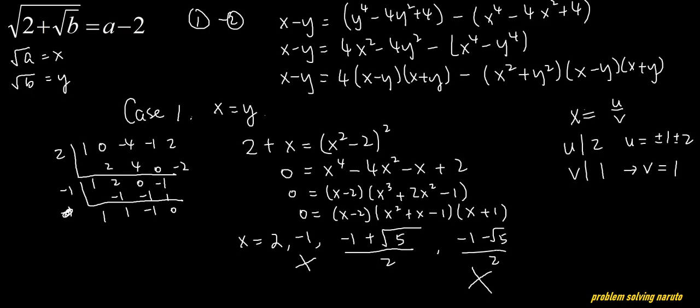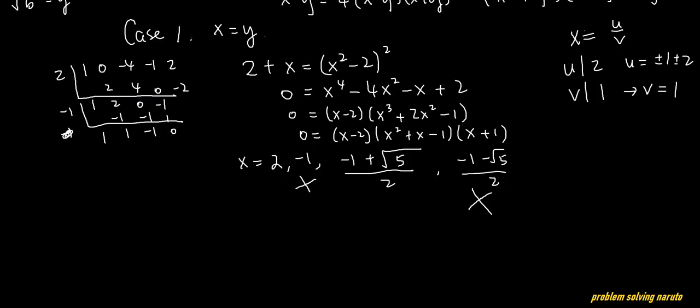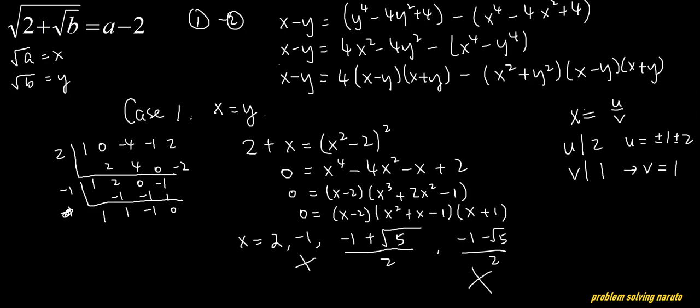Okay. Yeah, this is fine. So those are the 2 roots in this case. In case 1, x equals y. We still have the second case, which we have to cross out these. So let's try the case 2.